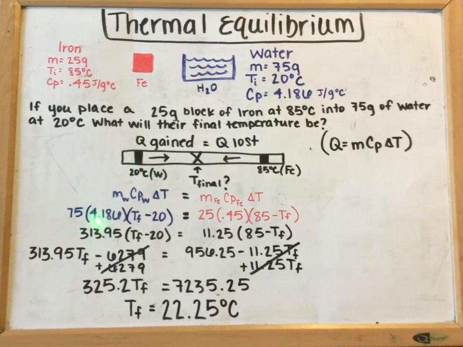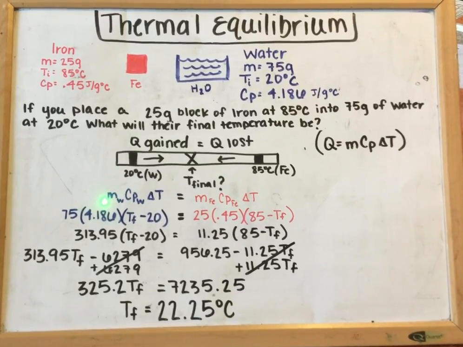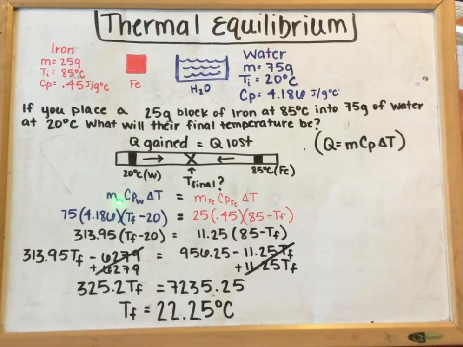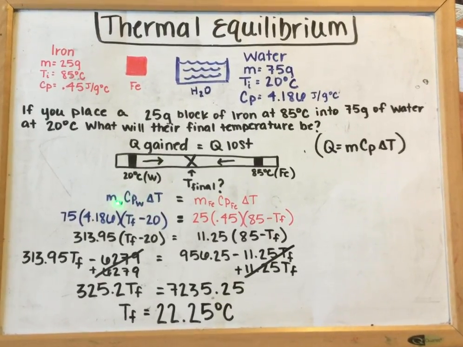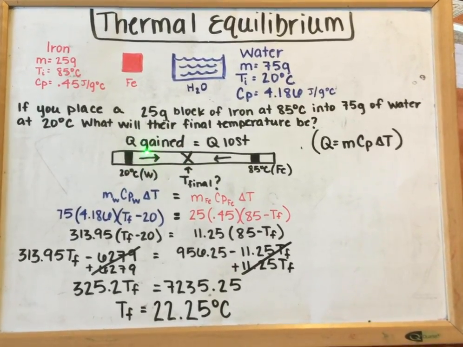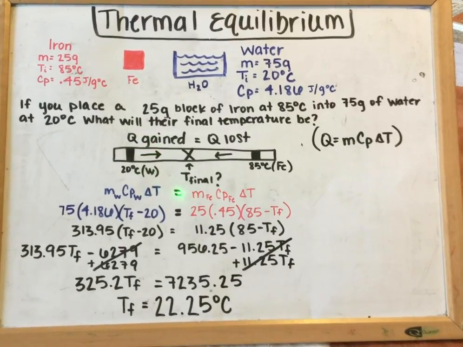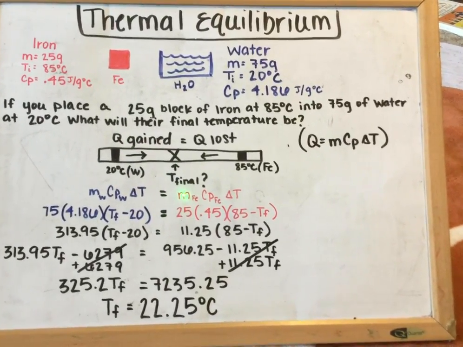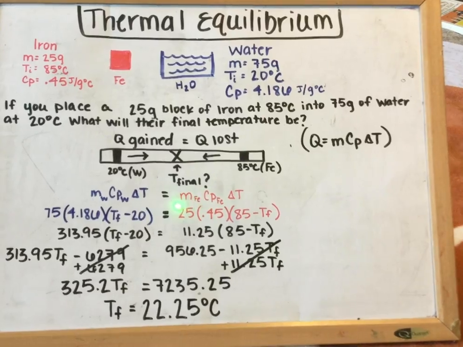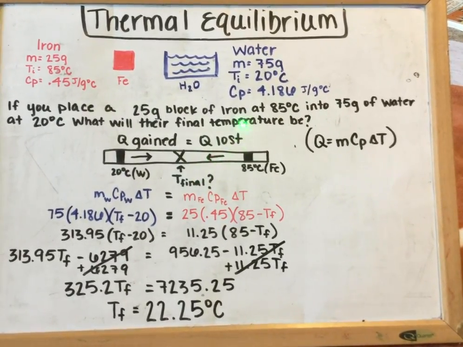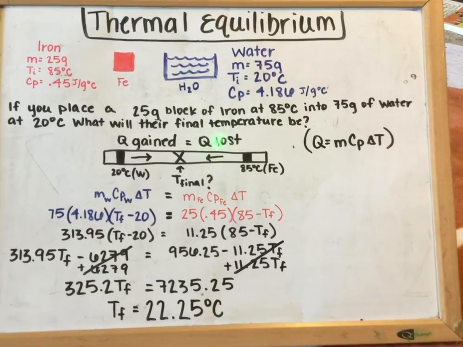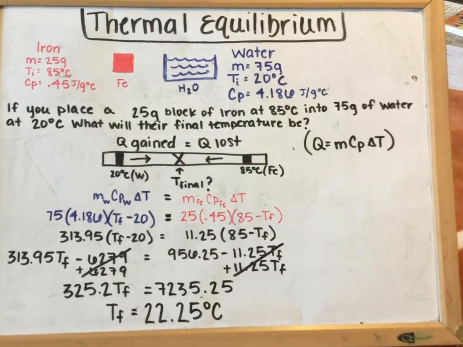So here we have the heat energy of the water, mass of water times Cp times delta T of water, because water is going to be the substance that gains temperature in this exchange. Set it equal to the Q, mCp delta T of iron, because iron is the substance that is going to lose heat energy in this exchange.